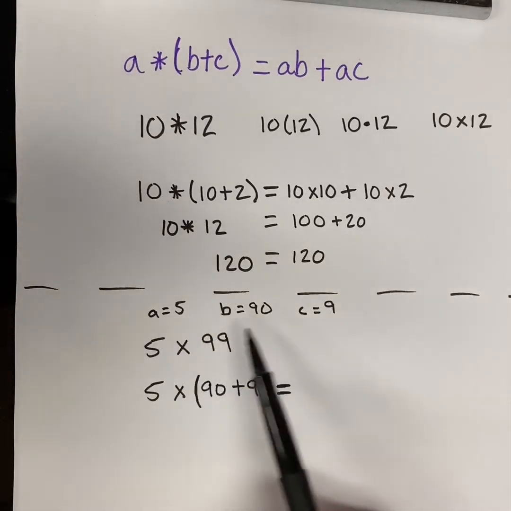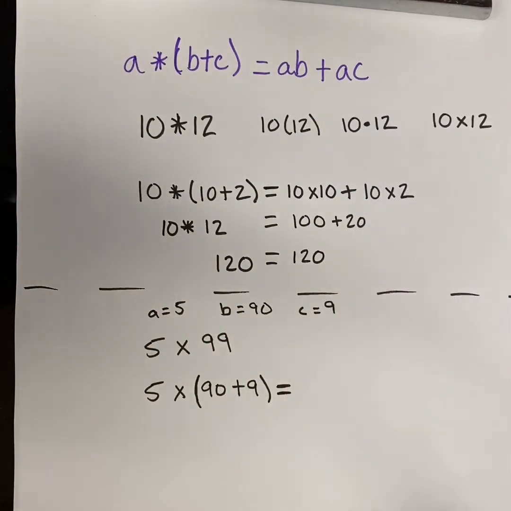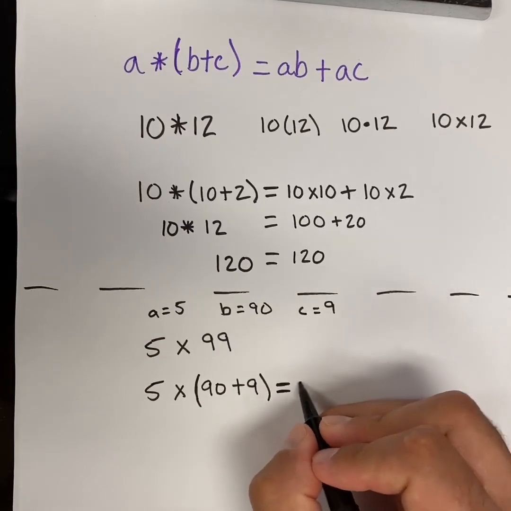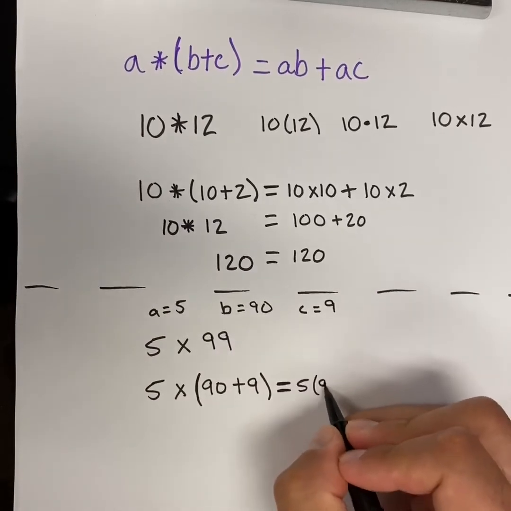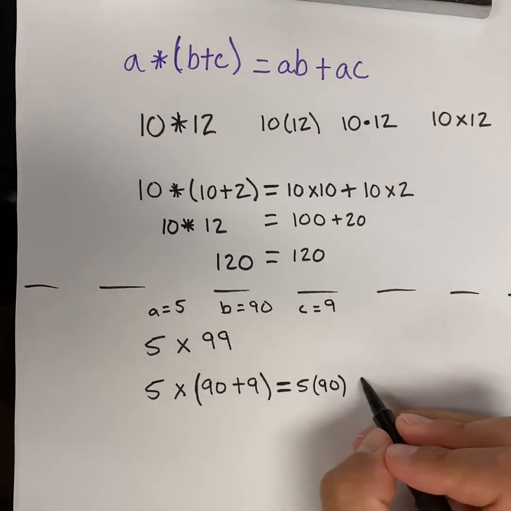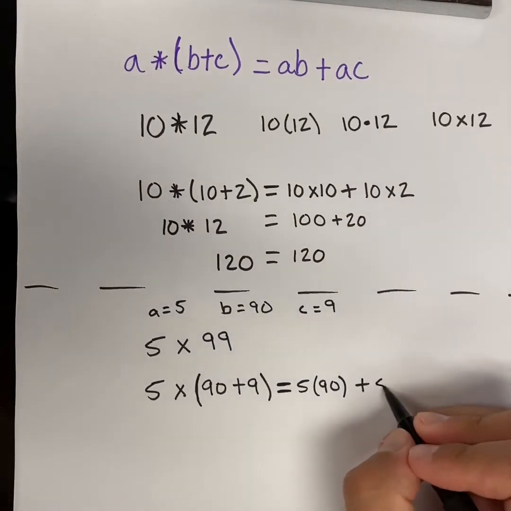I'm just doing this to represent how we're going to rewrite this using the distributive property. So A times B, which is 5 times 90. I'm going to use the parentheses to show multiplication this time. 5 times 90 plus A times C, 5 times 9.